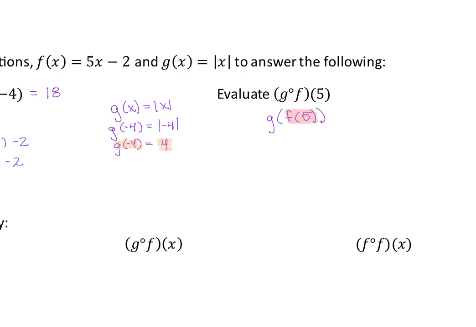All right, so if we do that, we get f of 5 is equal to 5 times 5 minus 2. If we simplify, we get 25 minus 2, which is 23.